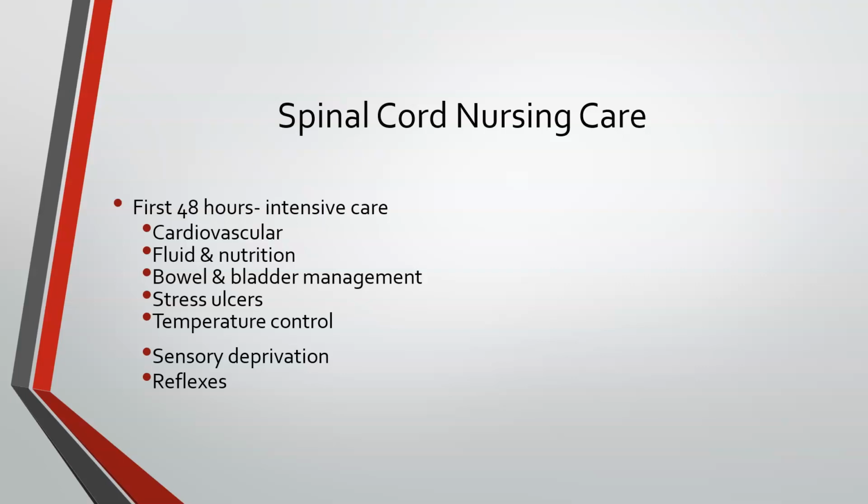As far as eliminations, you've got the bowel and the bladder management. An indwelling catheter is usually inserted as soon as possible after an injury. During the period of the indwelling catheter, a large amount of fluid intake is required. This is best because the patients are now prone to urinary tract infection.